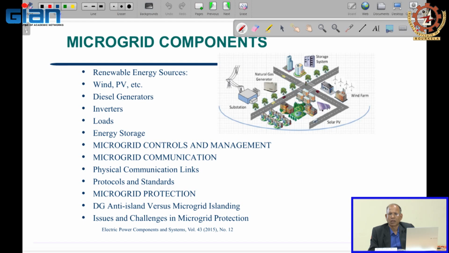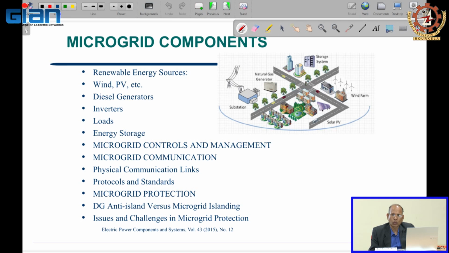Then when we have these renewable energy sources, we also need converters, power electronic converters. Obviously, load will be there, and to manage the active power generation and active power consumption, we have the energy storage system.